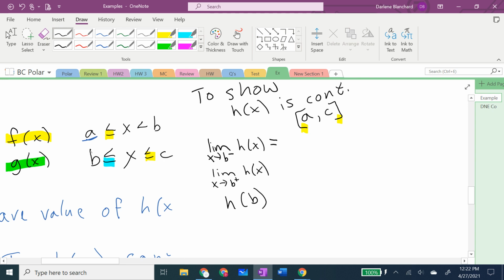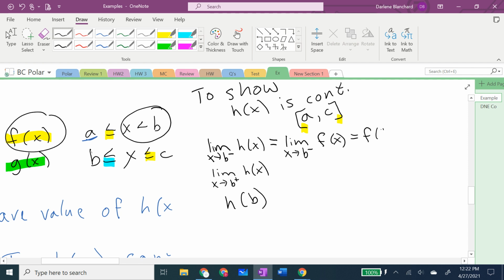For the left side of b, you're dealing with x being smaller than b. So you need to rewrite this as the limit for f of x, which would end up being whatever f of b is equal to. Then, when x is a little bit bigger than b, g of x is the function that we are focused on, and we plug it in and get g of b.